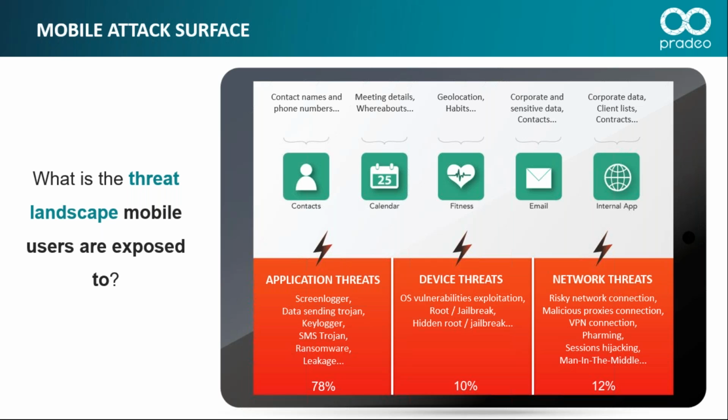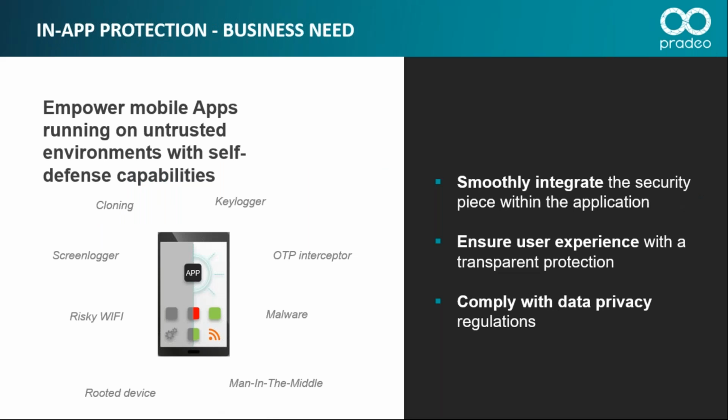So for this reason, it is highly important for businesses to uncover all application behaviors on unmanaged devices in order to be able to prevent access to the digital services and protect the users' data. And then we come to our product in-app protection that can help organizations protect a mobile application that will be executed on unmanaged devices.